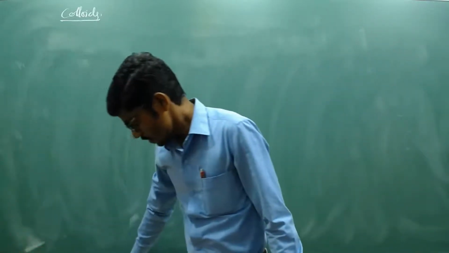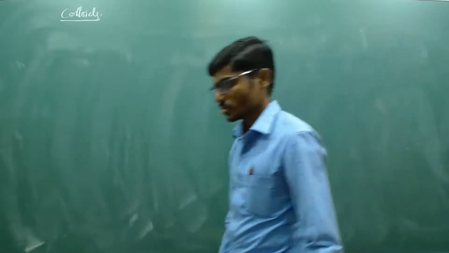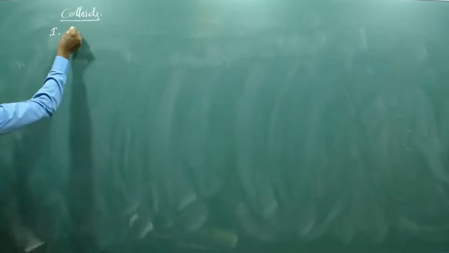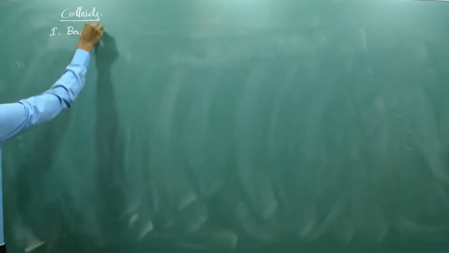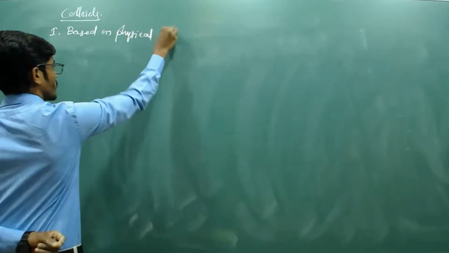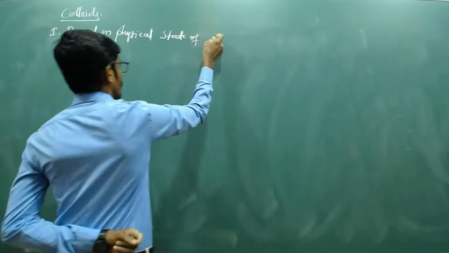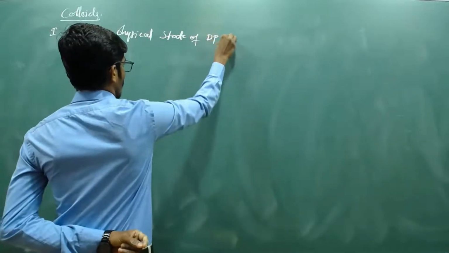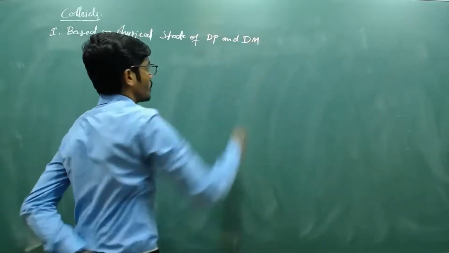Your colloids can be classified into different types based upon different properties. First classification is based on the physical state of the dispersed phase and dispersion medium.